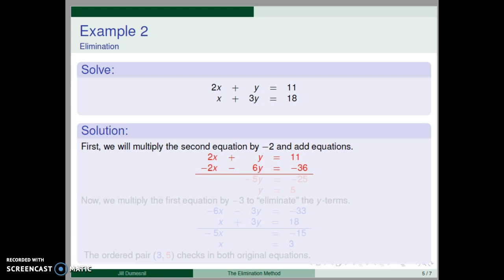The first equation remains unchanged, but the second equation has been multiplied on both sides by -2. Now adding the equations eliminates the x terms, leaving -5y = -25, so y = 5.